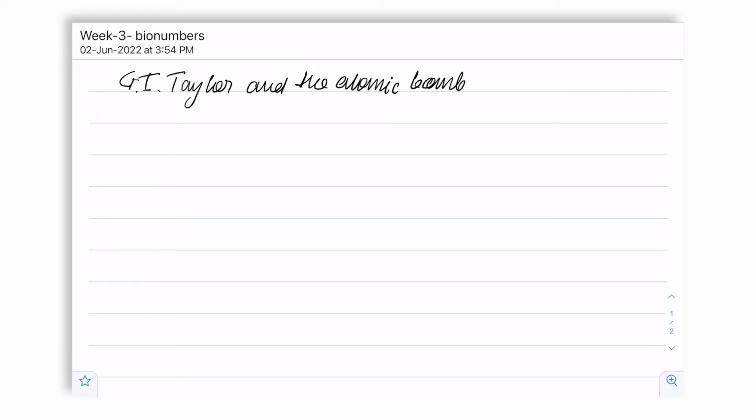Hi, welcome back. So we're going to discuss the method by which Geoffrey Taylor did his almost magical derivation. In order to do this, we need to identify the variables.